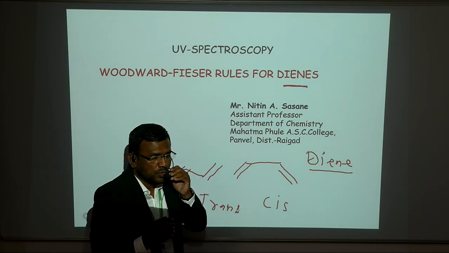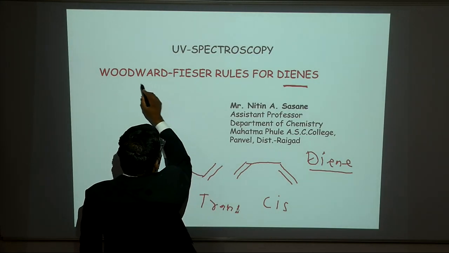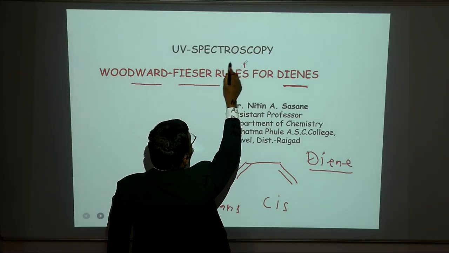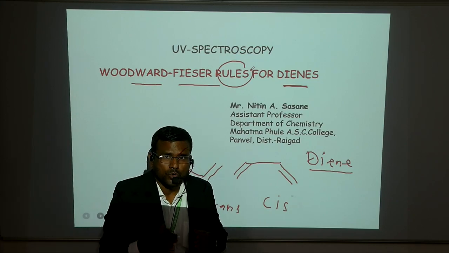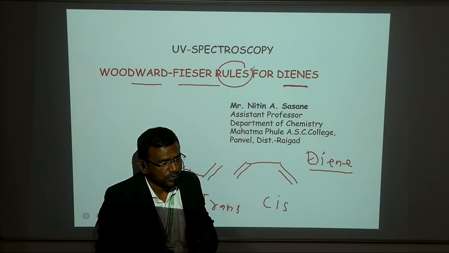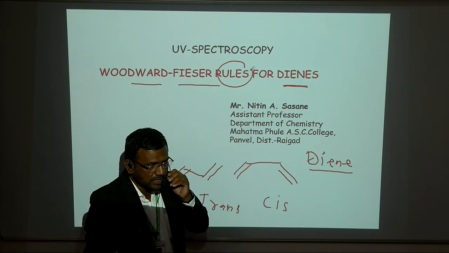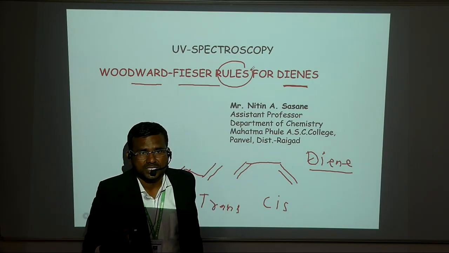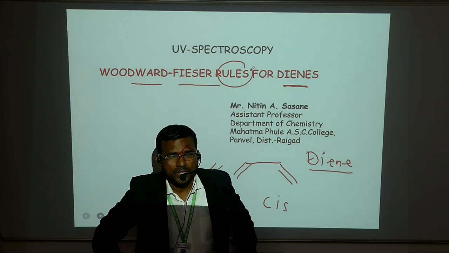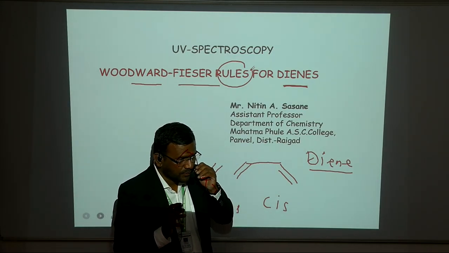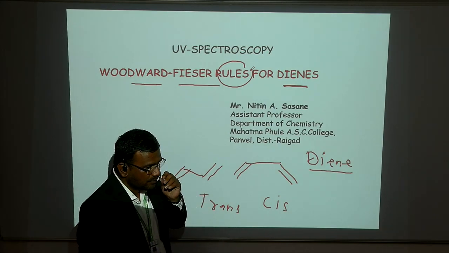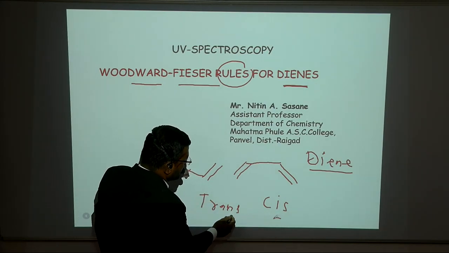Okay. Now the two scientists, Woodward and Fieser, gave theoretical rules to calculate the maximum wavelength for the diene system as well as for the dienophile system. Okay. Now in today's lecture we are going to discuss how to calculate the wavelength of the diene system. Okay. Once again I repeat, dienes are of two types. One is cis and another one is trans.